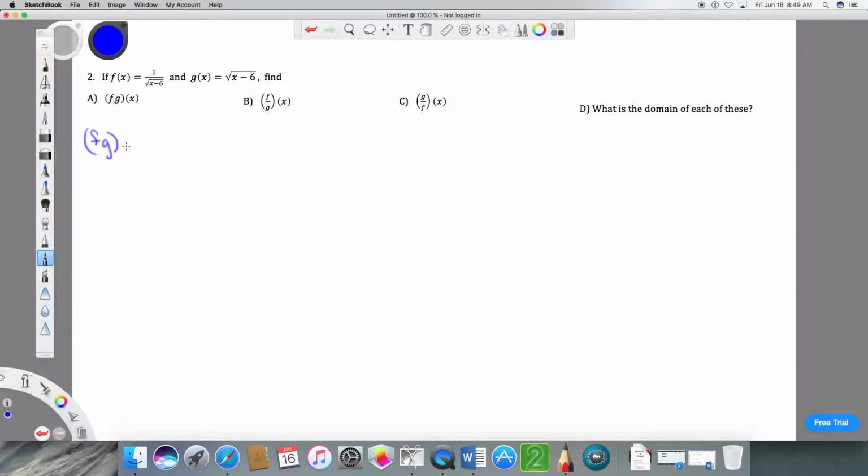The name of this function, fg of x, is a nice name because it tells us how to construct this function, and that means to take the function f and multiply it by the function g.